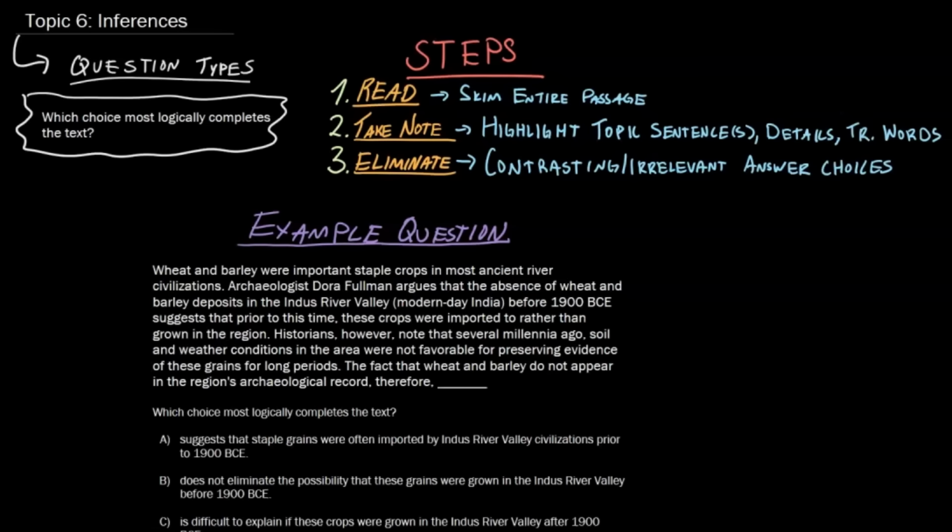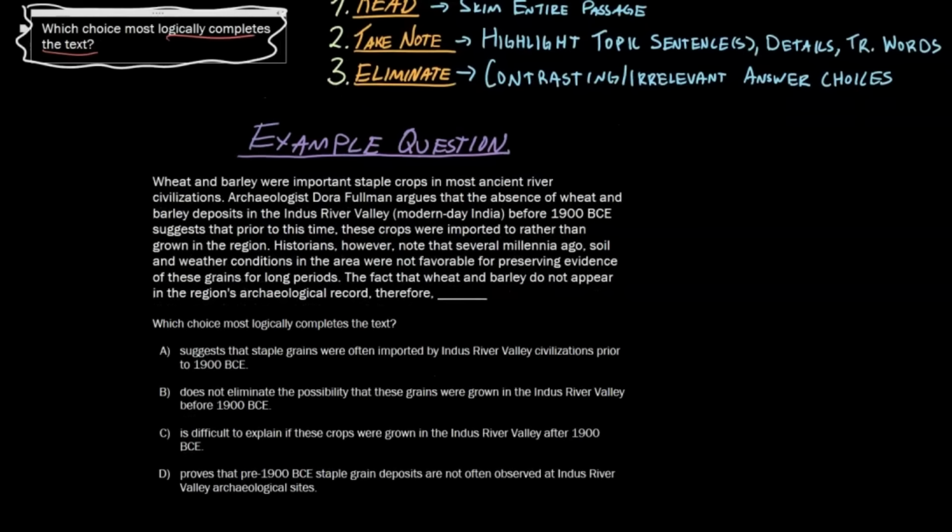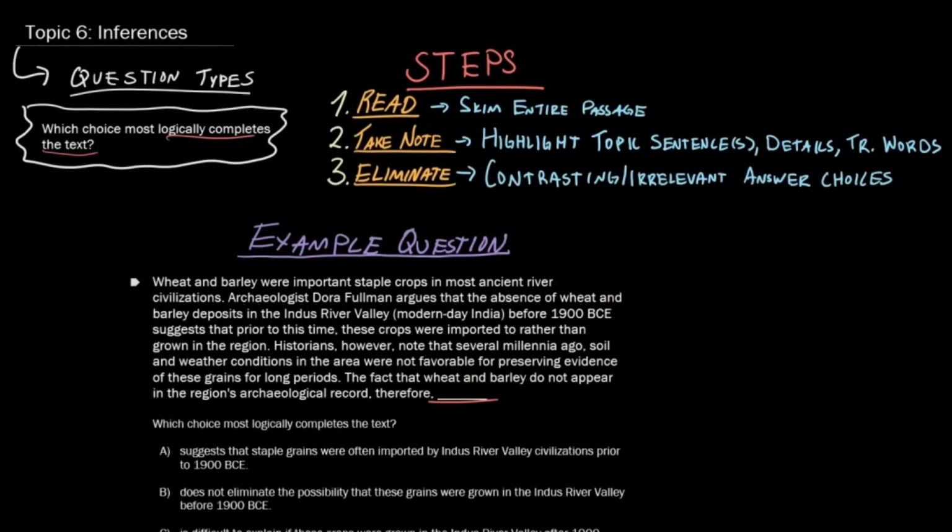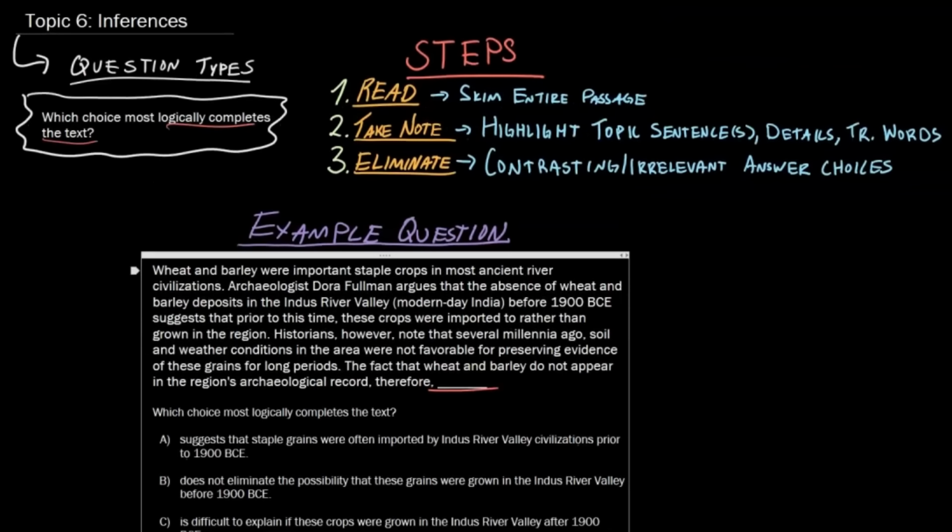Alright, and now we are on topic 6, inferences. The main question that the SAT will ask you for an inferences question is which choice most logically completes the text. Basically, which answer is the best answer that makes sense that you can put in a blank like this one. And there's a 3-step strategy that's extremely easy that you can follow. The first thing is you want to skim all of the passage.